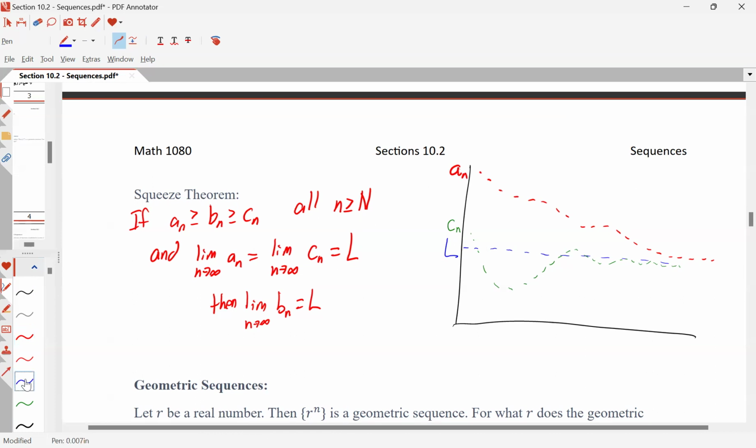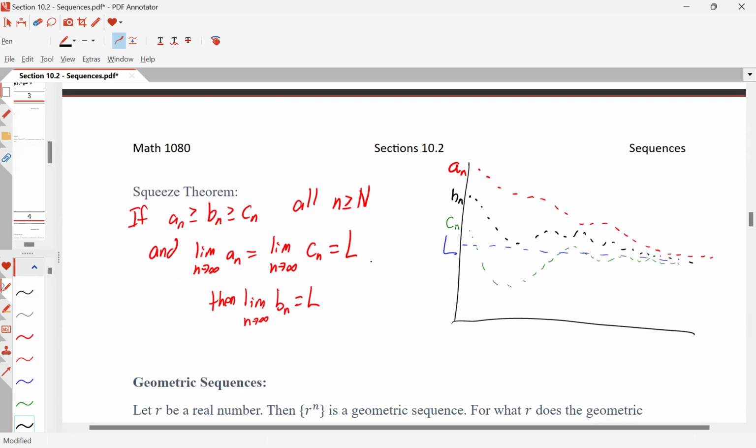And then I have a b sub n in between. It's always between a and c, doing something, but it's always between. Then if a sub n is going into that limit L, and c sub n is too, since b sub n is squeezed between the 2, its limit also has to be L. We'll see this in an application in the next video.